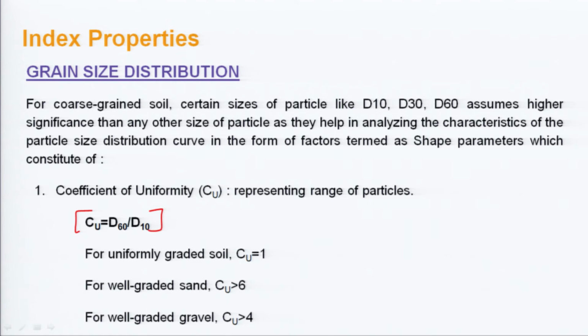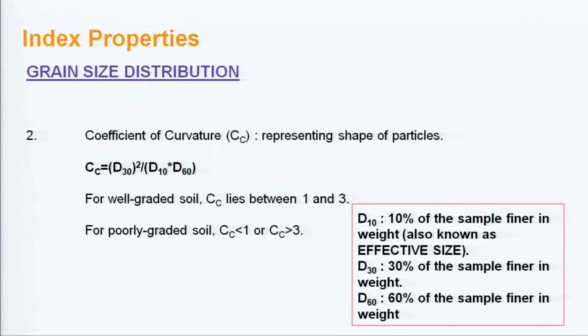For uniformly graded soil, the value of Cu is almost equal to 1, and for well graded sand Cu is greater than 6, and for well graded gravel Cu is greater than 4. The next shape parameter is the coefficient of curvature, Cc, which is D30 square upon D10 into D60.